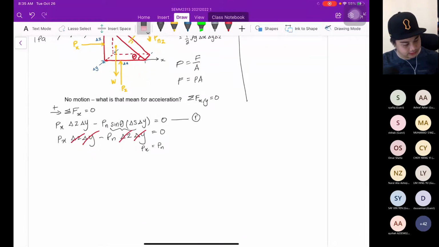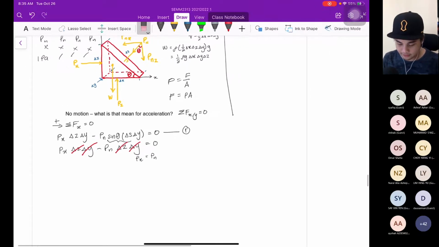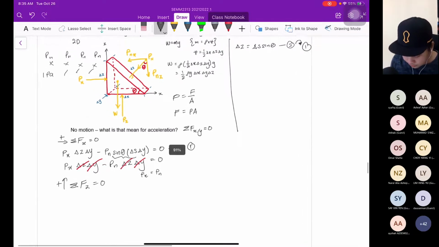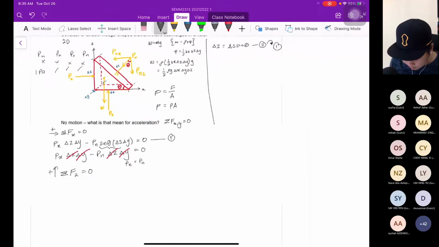Any question before we proceed on the next force, in Z direction? Okay, we proceed on the Z direction. The summation of force in the Z direction equal to 0. Positive upward, we have force Pz.